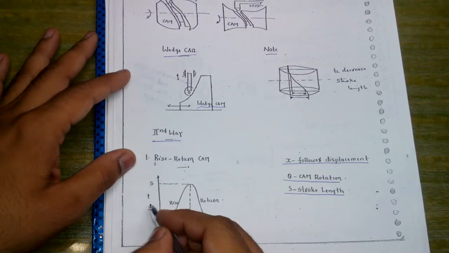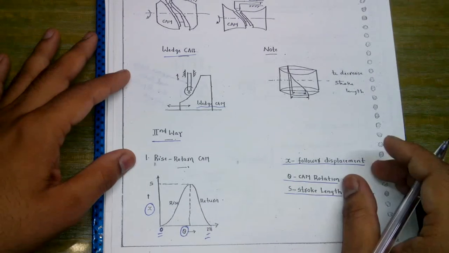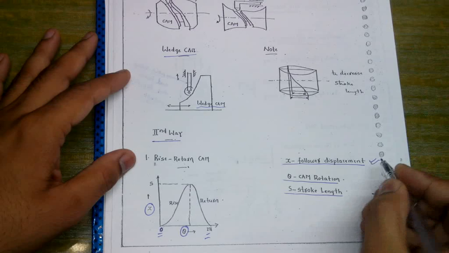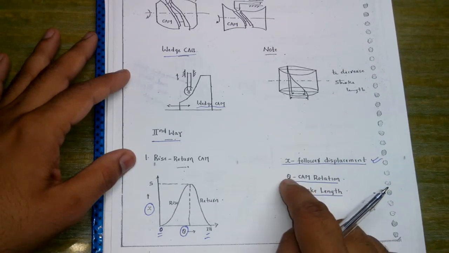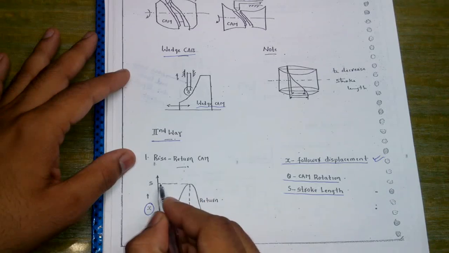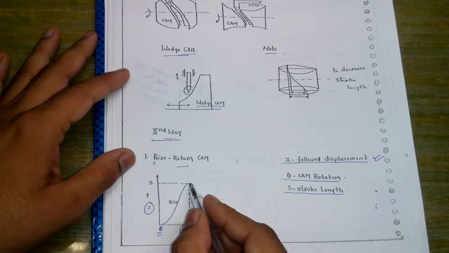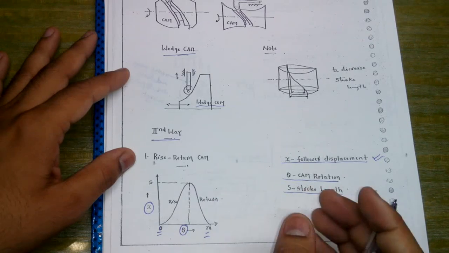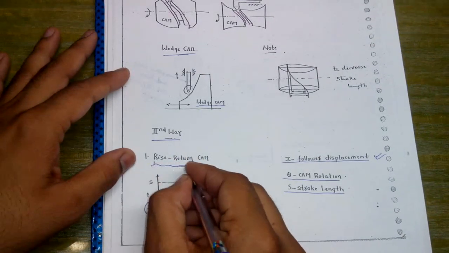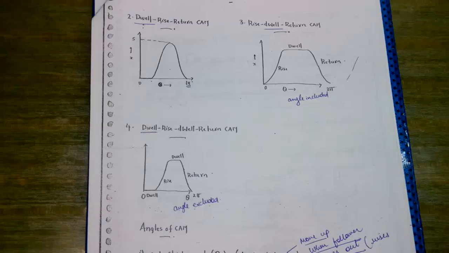On the y-axis we have the displacement, and on the x-axis we have the angle theta, where x is the follower displacement, theta is the cam rotation angle, and s is the stroke length. In the first portion it is rising, in the next portion it is returning. So it becomes a rise-return cam. This is the second way of classification.